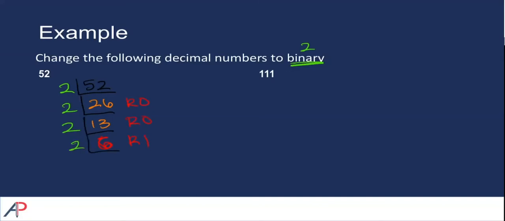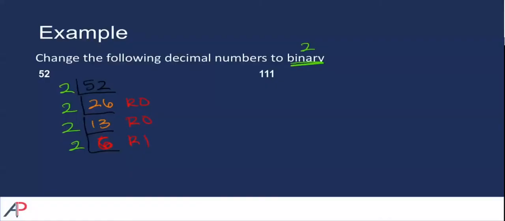6 divided by 2. Remember, we still haven't gotten 0 as our number. We would get a quotient of 3 with a remainder of 0.